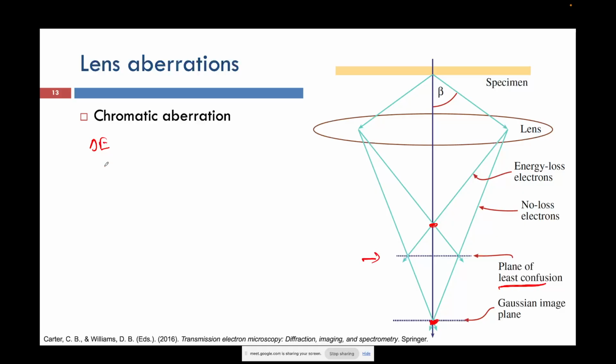And this chromatic aberration is characterized by CC. It is known as the coefficient of chromatic aberration. Okay, so these two are the major aberrations that we can see in an electromagnetic lens, right?